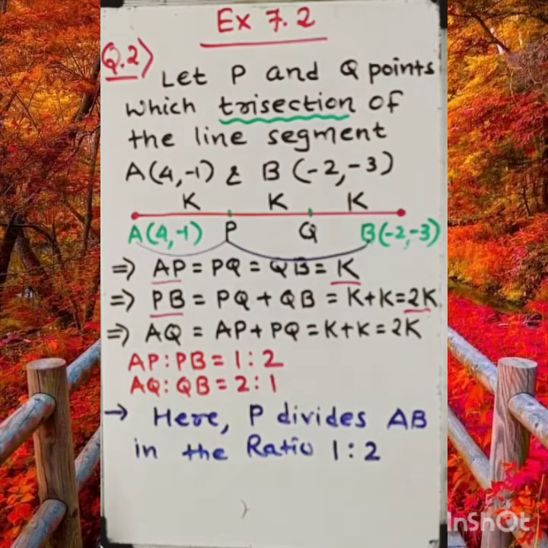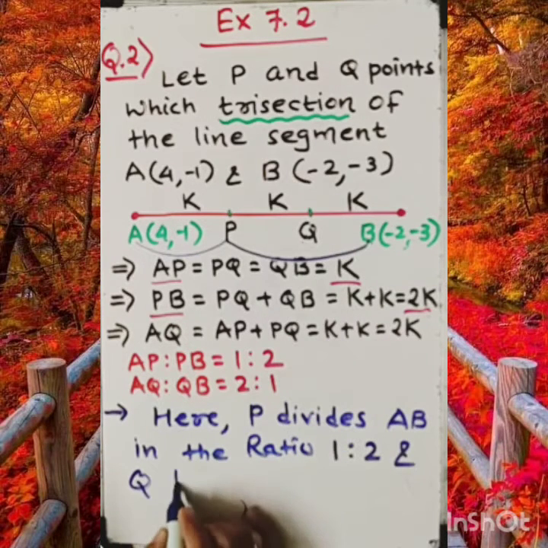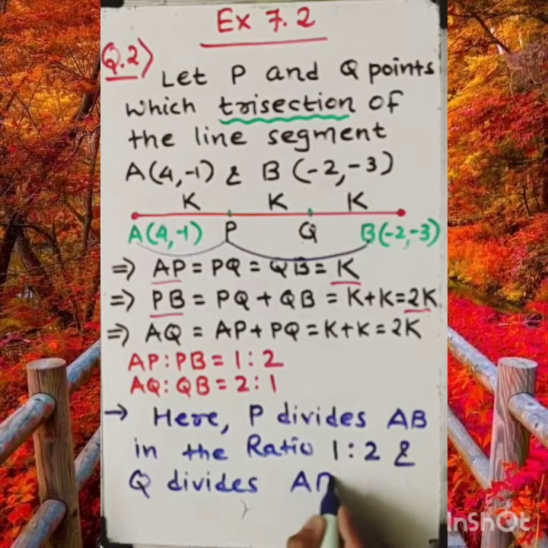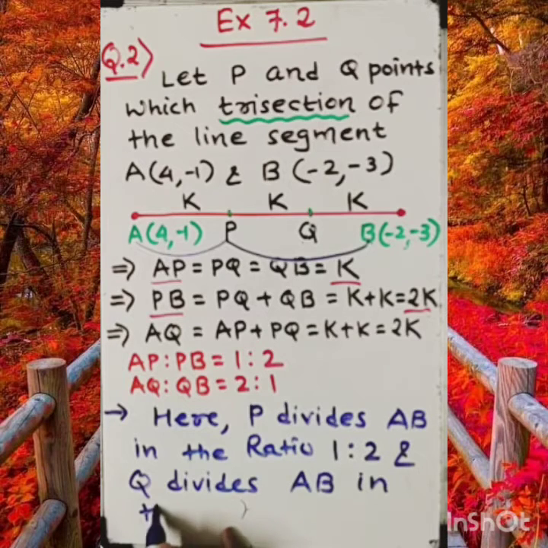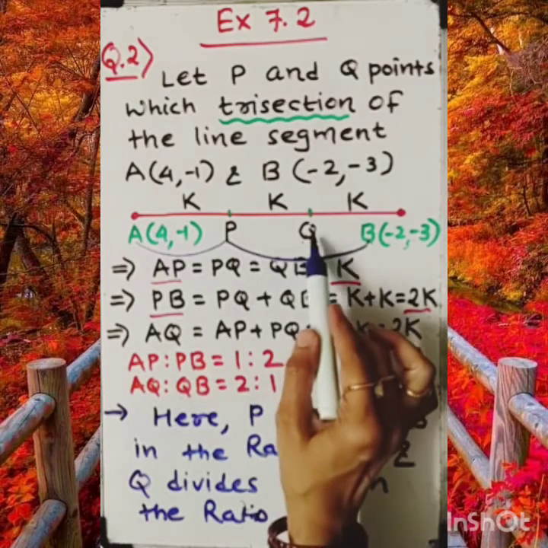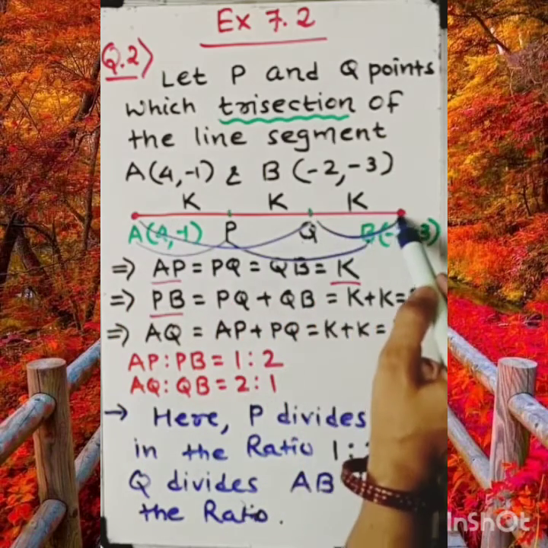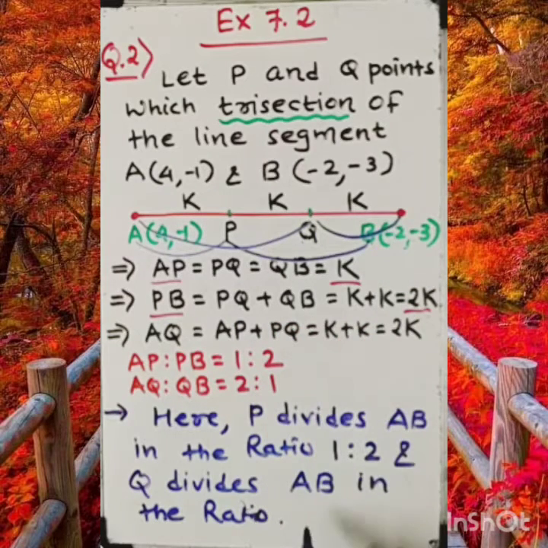And Q divides line segment AB in the ratio A to Q and Q to B. This portion is 2 parts and this portion is 1 part, so the ratio is 2 is to 1.